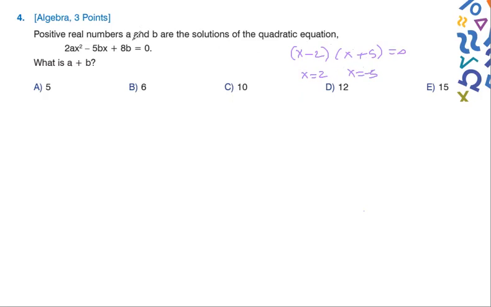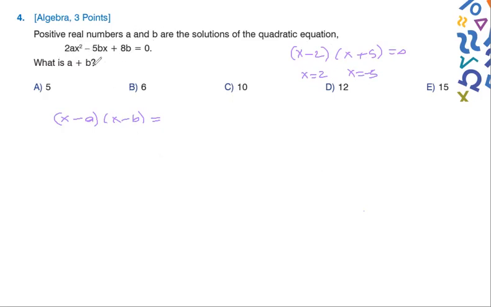The question was telling us the solutions are a and b, which means my quadratic can be written as x minus the first solution, a, times x minus the second solution, b. But this is equal to this expression somehow, and when you expand them, you get x times x, which is x squared, but there is 2a right here.